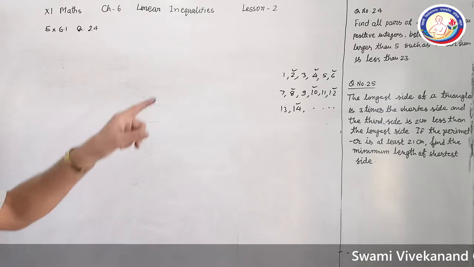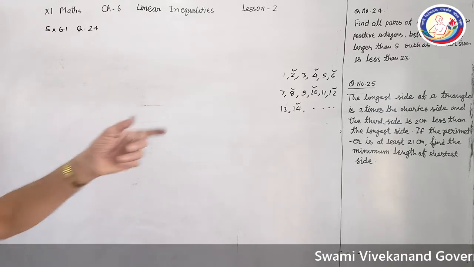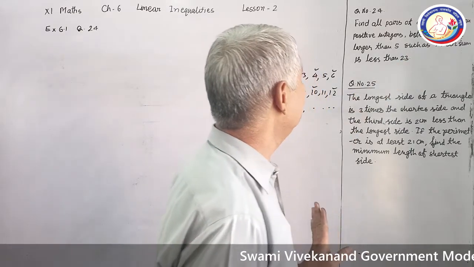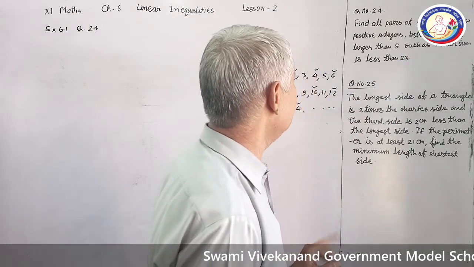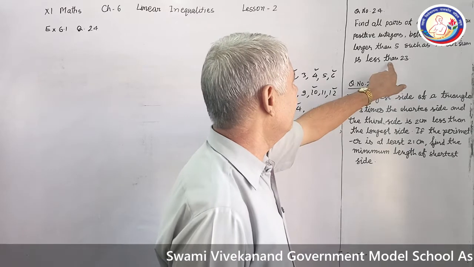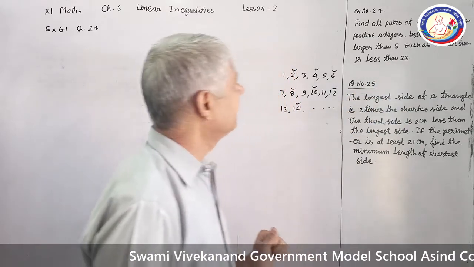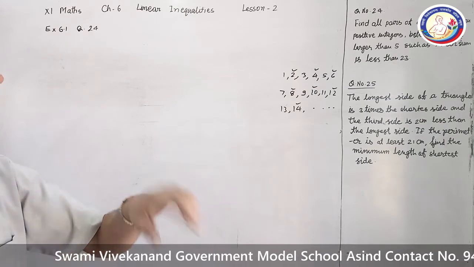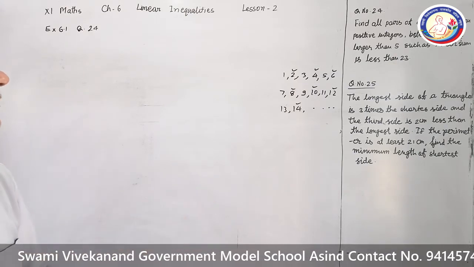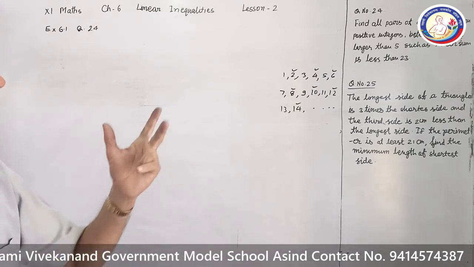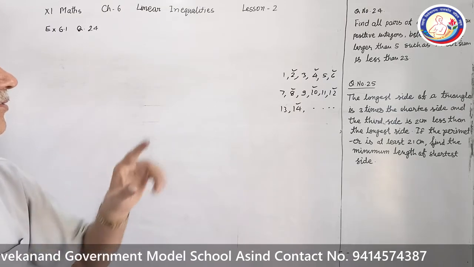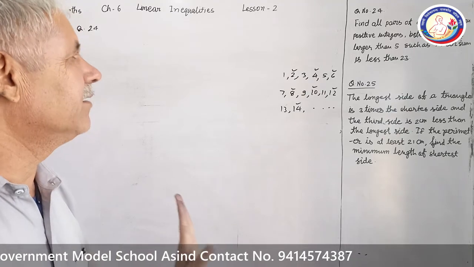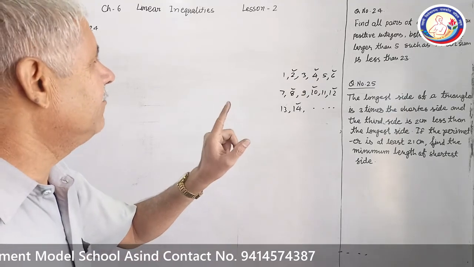Now, first of all, transform this problem into a linear inequality. We have to find two numbers, so consider one of them as x, as the variable.